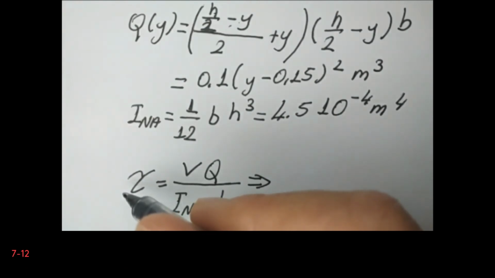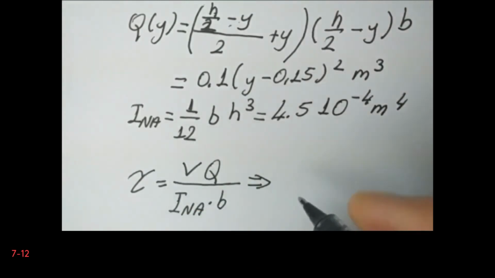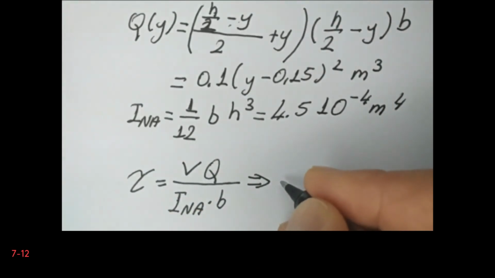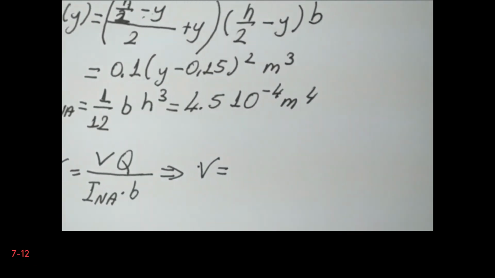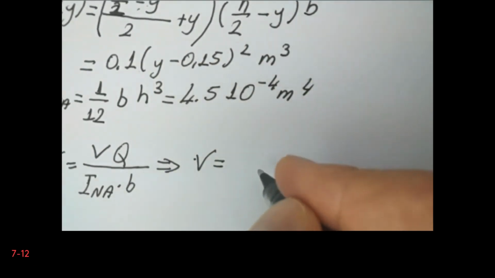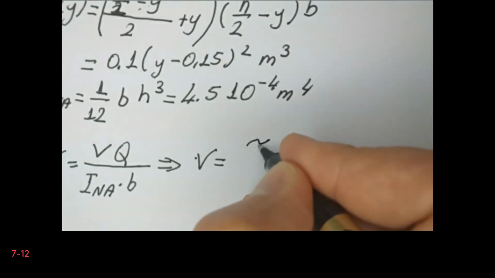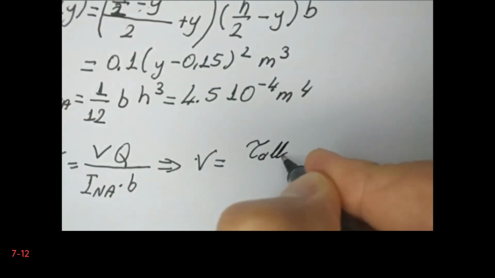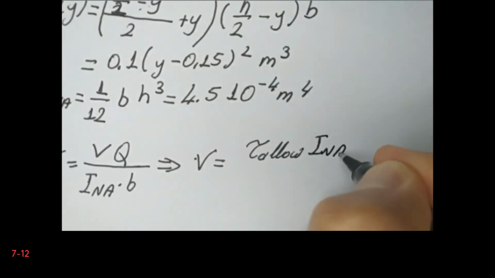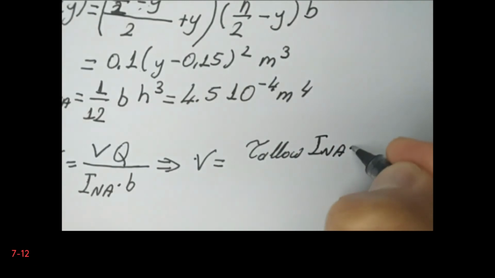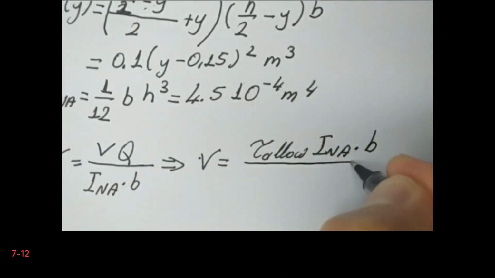So from here we can write that shear force is equal to tau allowable multiplied by bending moment of inertia multiplied by width of the cross section divided by Q, and in fact Q is a function of y.